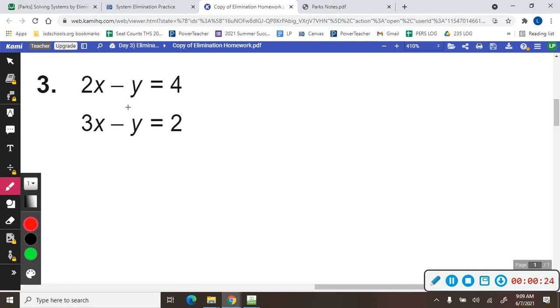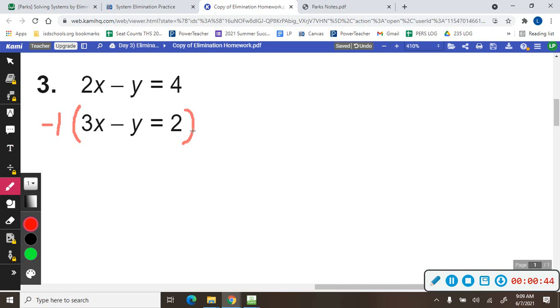So what I'm going to do is multiply this equation by negative 1. And this may be different than what you did. That's fine.